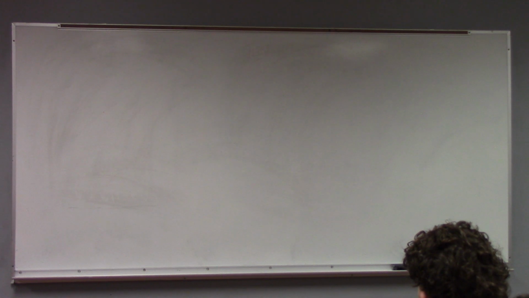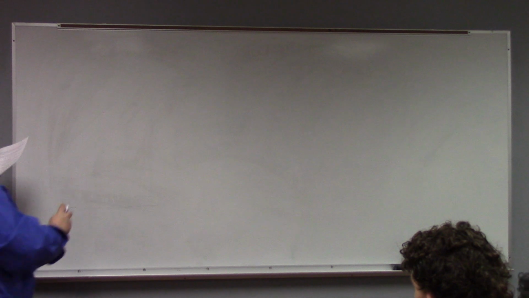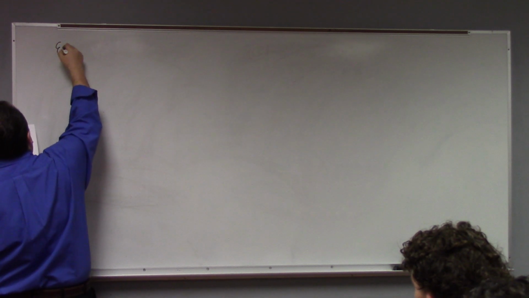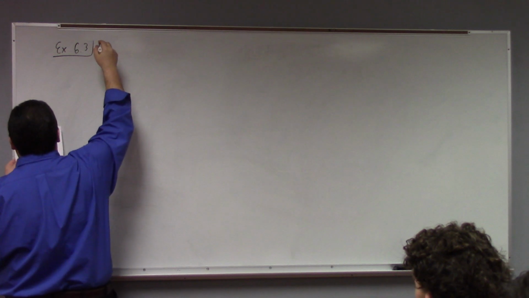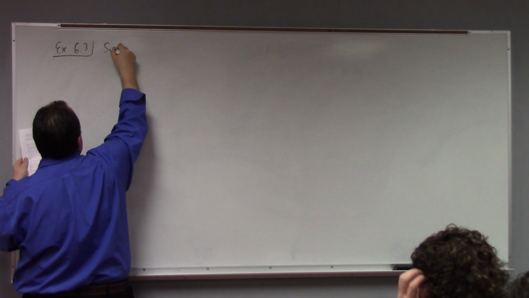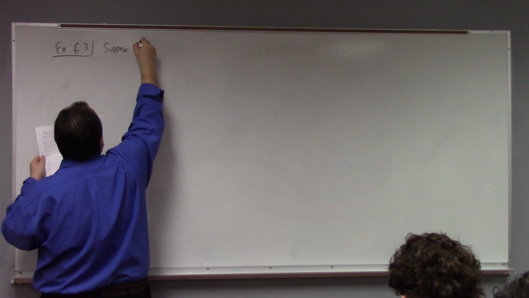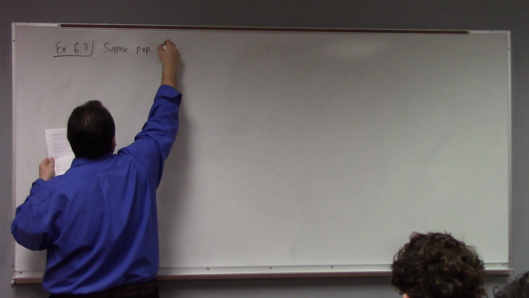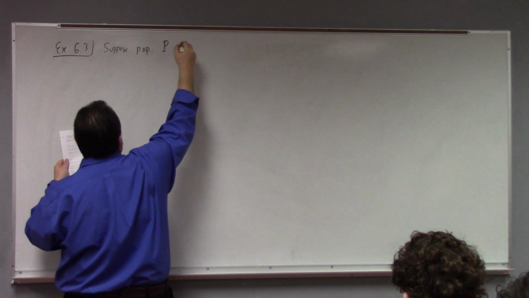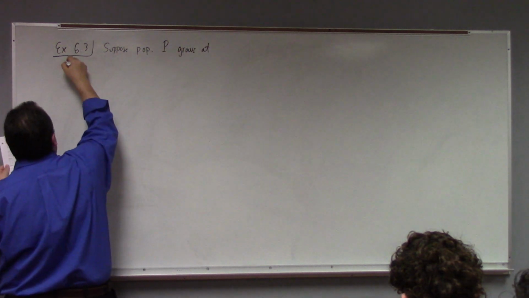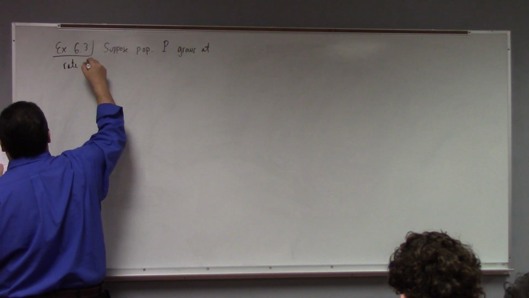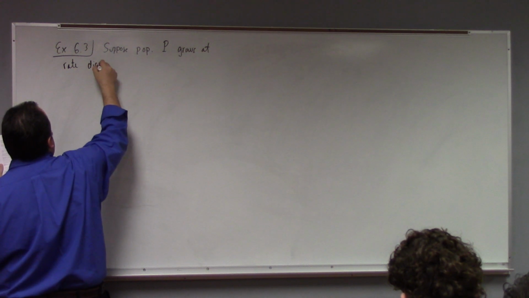So this is a relatively famous one. Example 6.3: suppose population P grows at a rate directly proportional to the population.